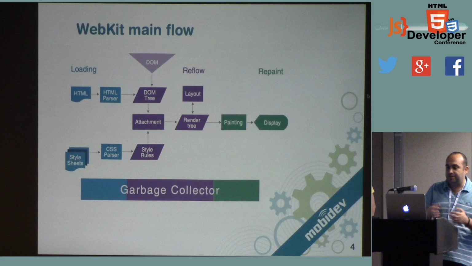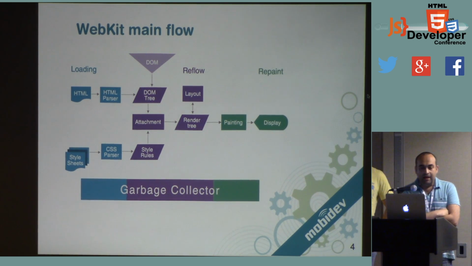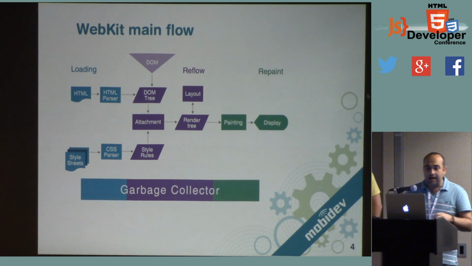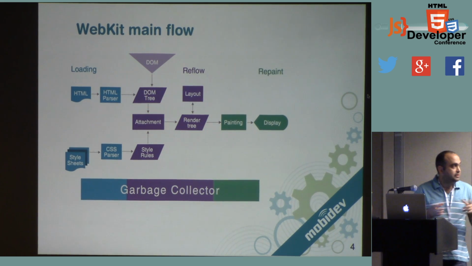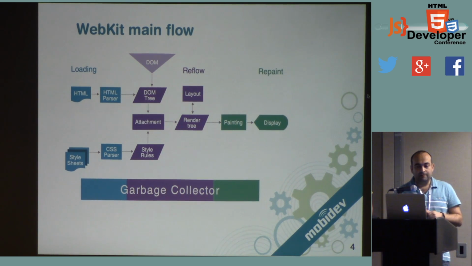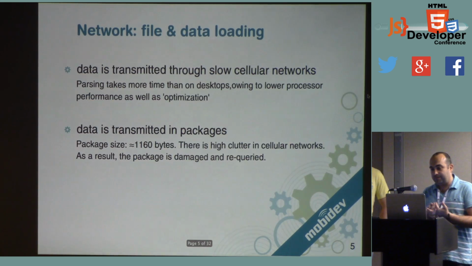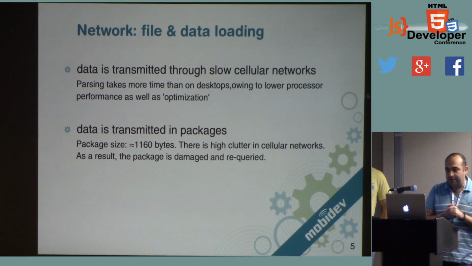But the most difficult part of the WebKit main flow is reflow. It contains the document object model tree, the mechanism for applying style rules to the document object model, which is the pink rectangle named attachment, and also layouting and the render tree.